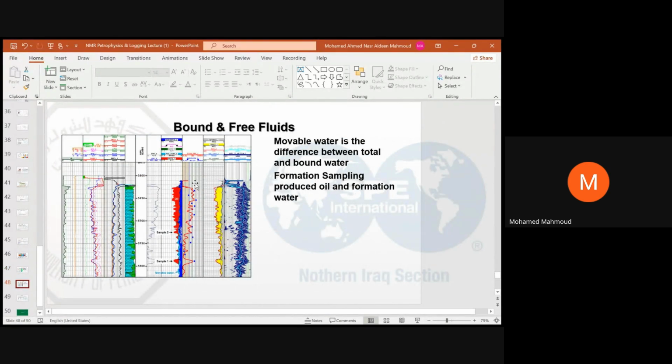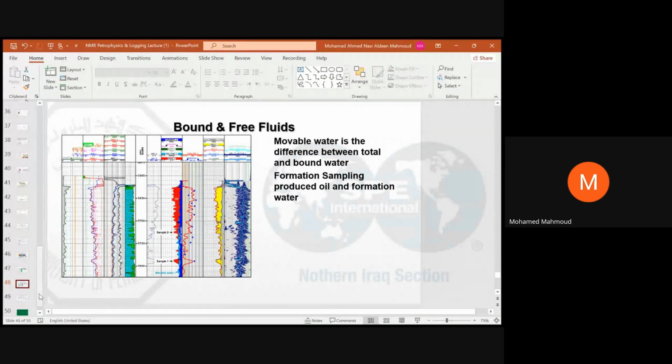In addition, we can get the bound and free fluids, for example. So you can come at a specific section and say, yeah, this is the bound fluid that we cannot produce, and this is the lighter color, the lighter one, which is the free water, and the red one is the oil. So you can avoid, for example, perforating in the free water sections to avoid water production, and just target this bound water, because bound water will not be produced.